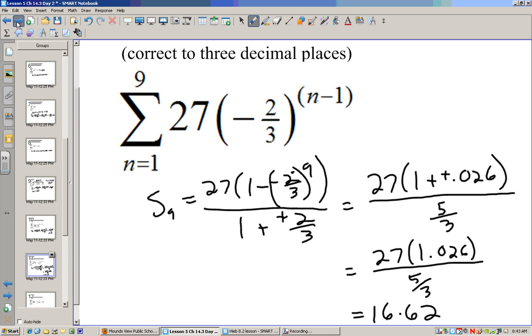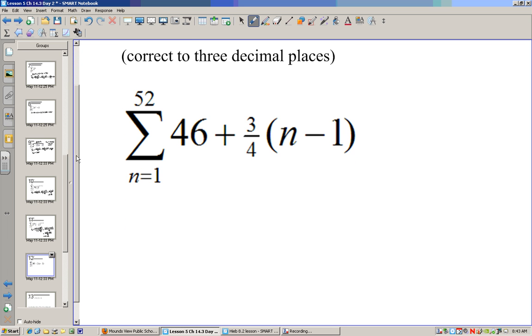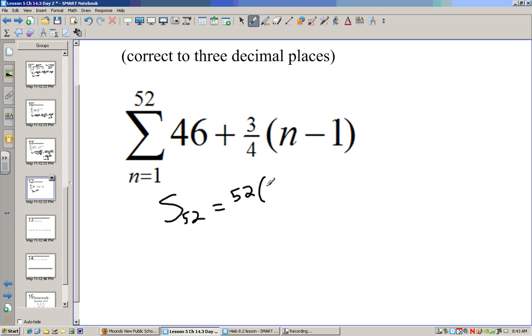All right. Try this one on your own. Hopefully you can see that this is arithmetic. So S of 52 is going to be our n, which is 52, times my first term plus my last term, which is going to be 46. I should write t sub 52 is 46 plus 3/4 of 52 minus 1, which is 51. So 51 times 3 divided by 4 is 38.25.